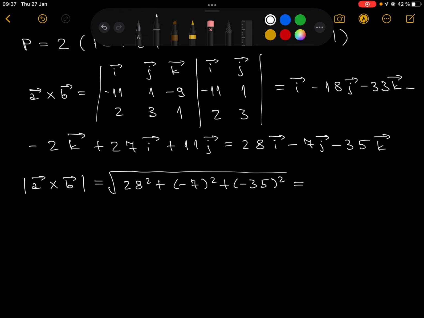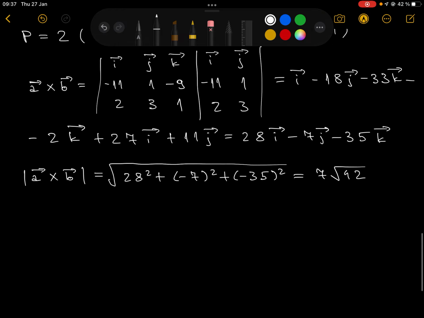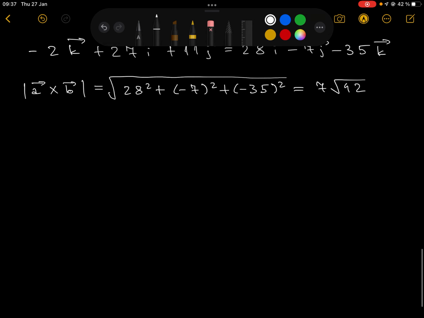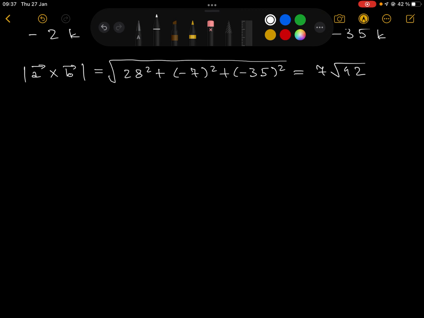So the square root of 28 squared plus 49 plus 35 squared, which is the same as 7 times the square root of 42. Okay, now let's just go ahead and do the other two.